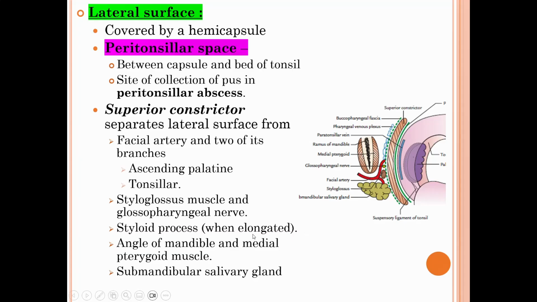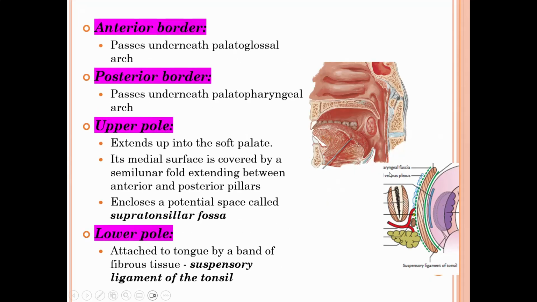Styloid process, if it is elongated, that also will be separated from the tonsil by this superior constrictor, and there may be the submandibular salivary gland. So all these structures are separated from the lateral surface of the tonsil by this superior constrictor.